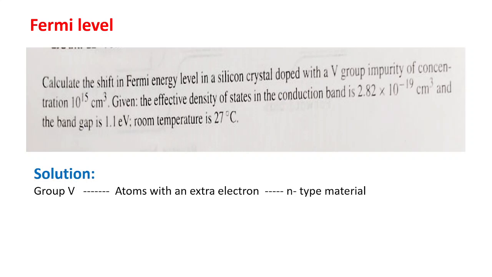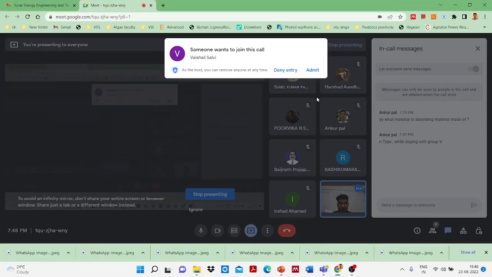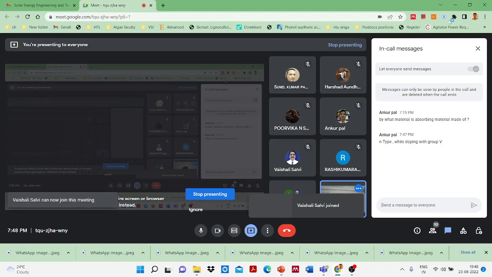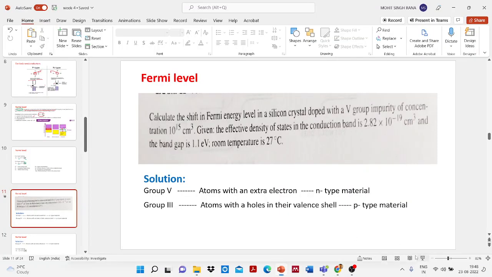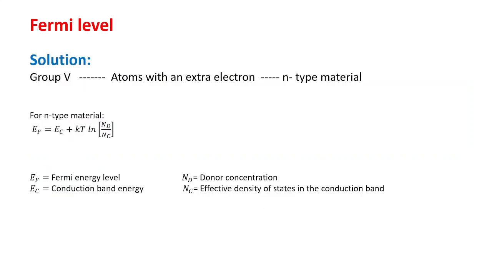If we take a group 5 element, we manufacture an n-type material, and if we take a group 3 element, we manufacture a p-type material. Okay, clear? So now we are clear about which formula to use: the one for the n-type material.